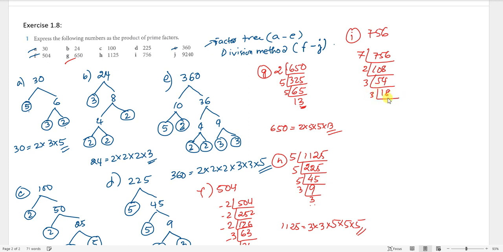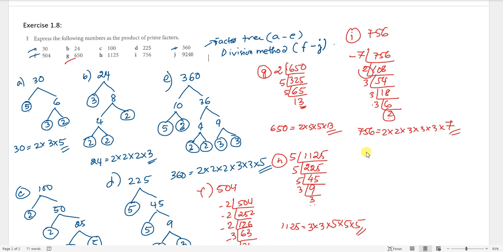Divided by 3 again, and I get 6. Divided by 3 again, 3 2s are 6. 2 is a prime number, we stop here. So 756 is equals to 2 times 2, then we have 3 times 3 times 3, and finally we have 7 times 7.